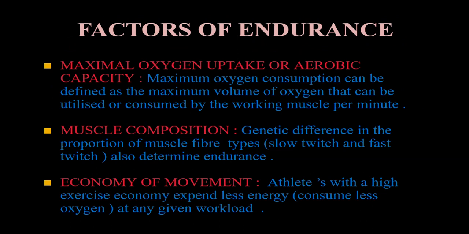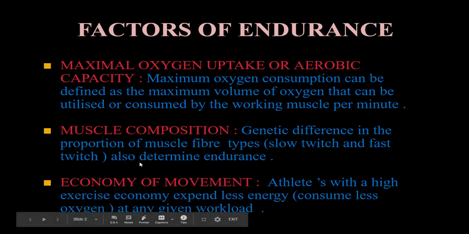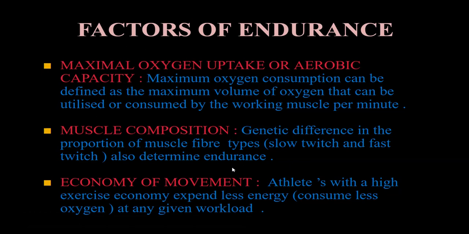Our next point is muscle composition. Genetic differences in the proportion of muscle fiber types, slow twitch and fast twitch, also determine endurance.